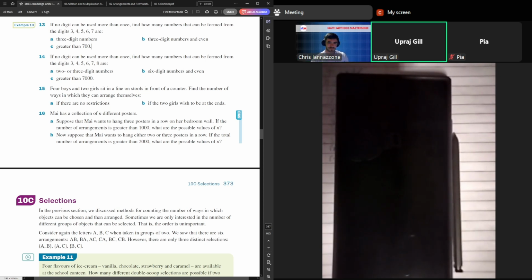Wait, Chris, I was going to ask, similar to what we did with the 3 digit and even numbers, would you want to separate into three classes, the amount of possibilities with 3 digit numbers that are greater than 700, then 4 digits and then 5 digits? Yeah, that's exactly what you would do. At least that's what I did.